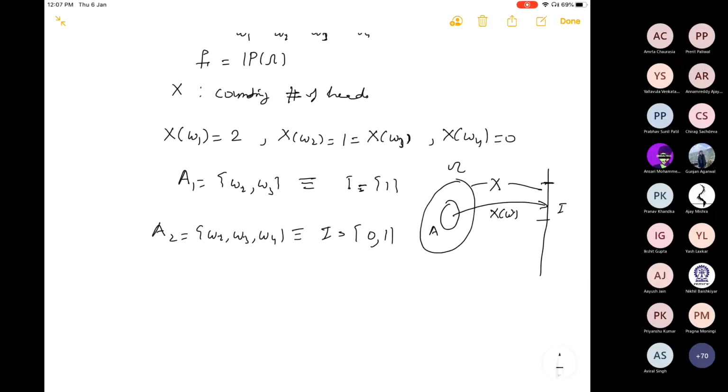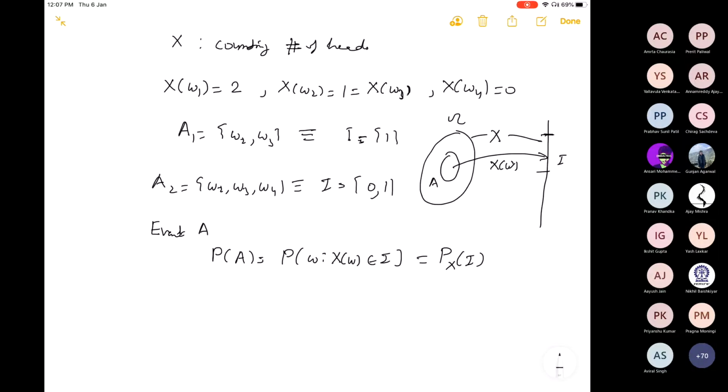Okay, so for each event A, the probability of A, which is the probability of omega such that X of omega belongs to I, we can take as P_X(I).